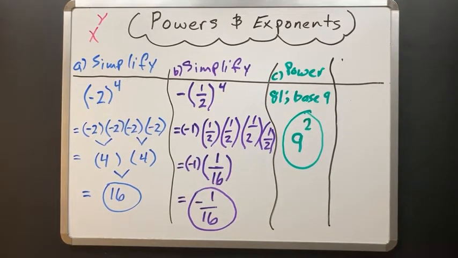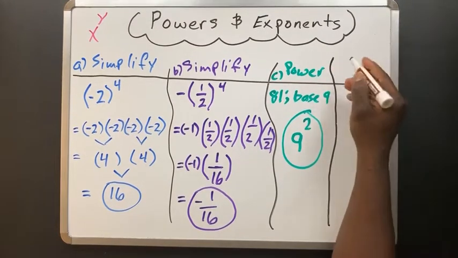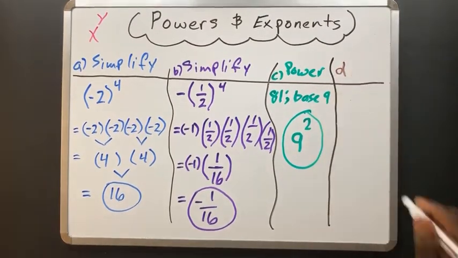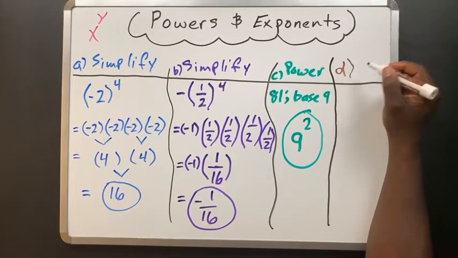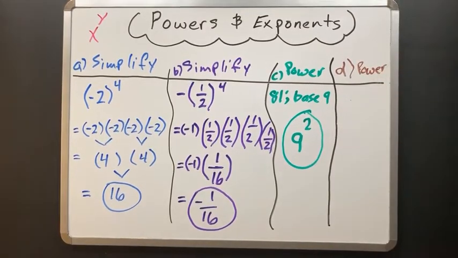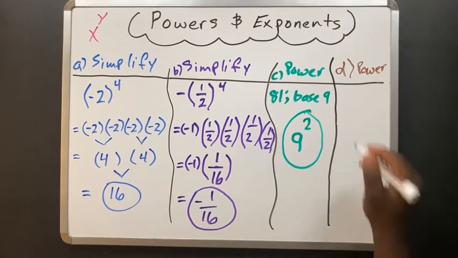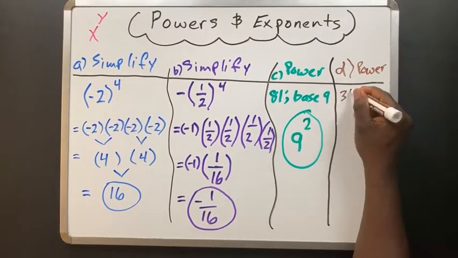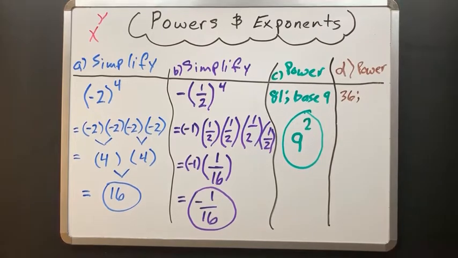All right, let's do another one. Let's solve another problem. I think that hammers home the same type of problem, to give you practice one more time. Okay, and that's power. Now in this case, we have 36, right?